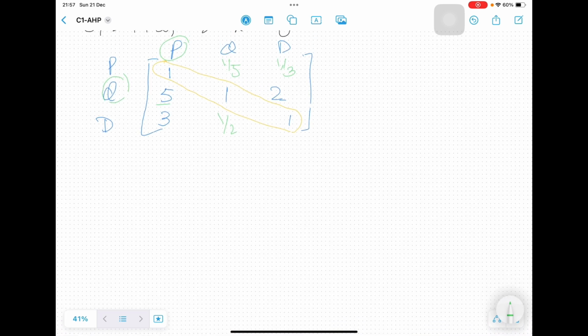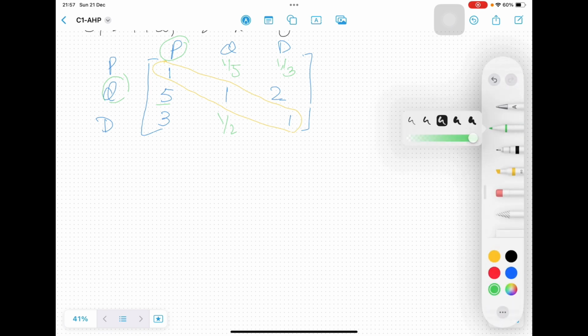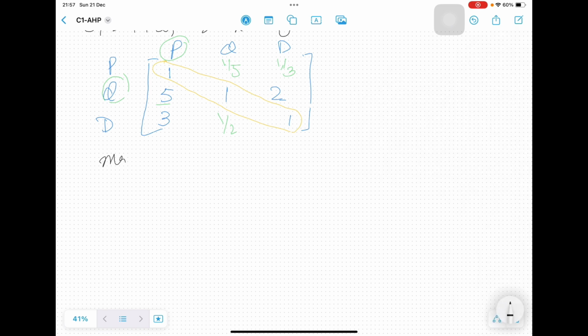Now the matrix captures human thinking, my thinking, in mathematical form. It doesn't give weights yet, it only stores preferences. So the matrix is not equal to weights.